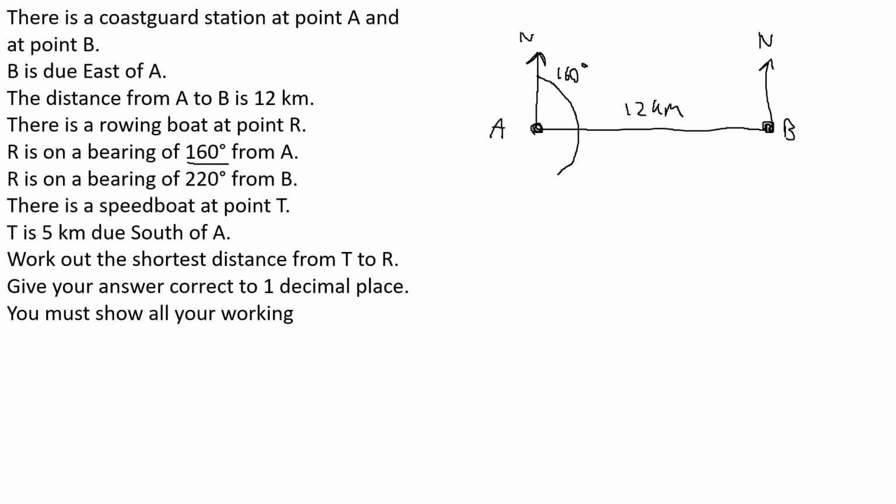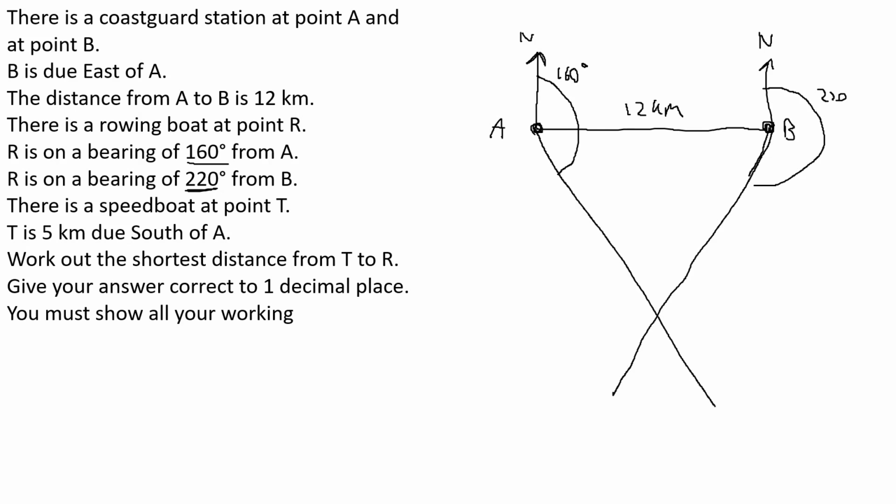And we're also told that R is on a bearing of 220 from B. So let's draw a 220 line here. That's roughly 220. And so therefore, these two lines will intersect, won't they? Yeah?